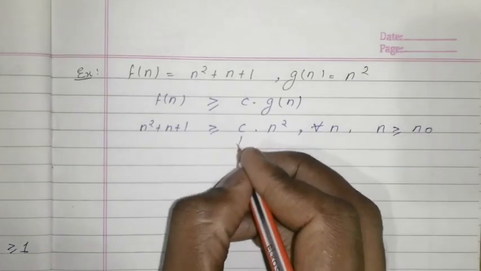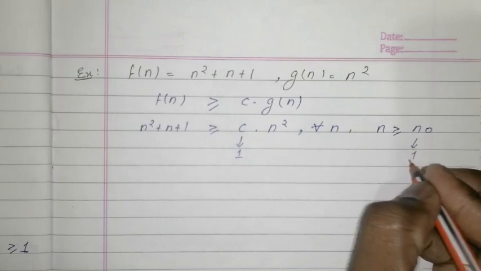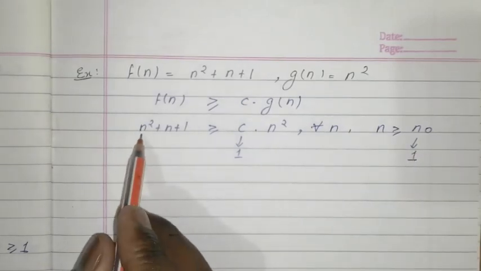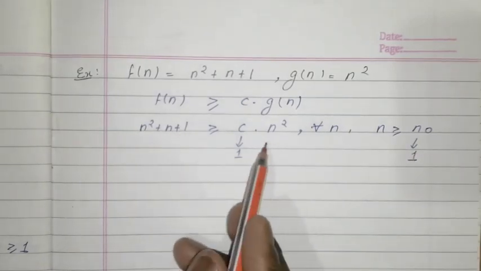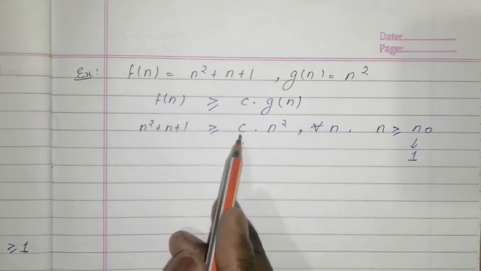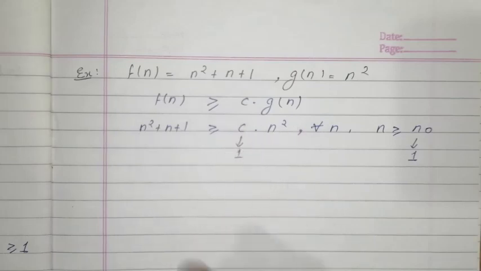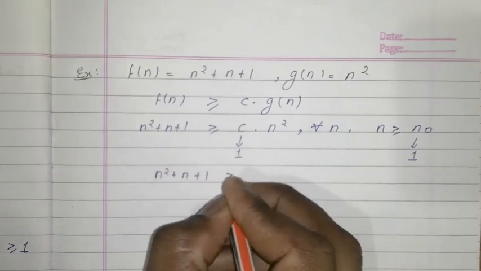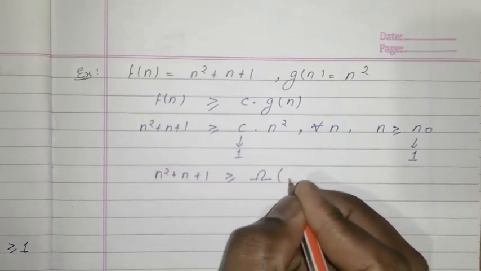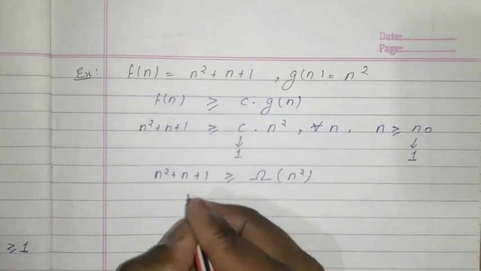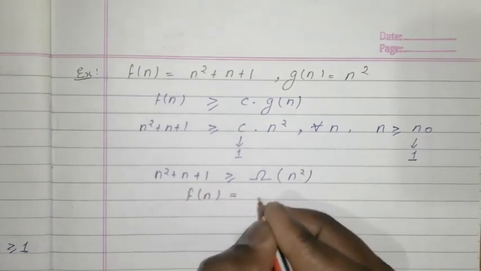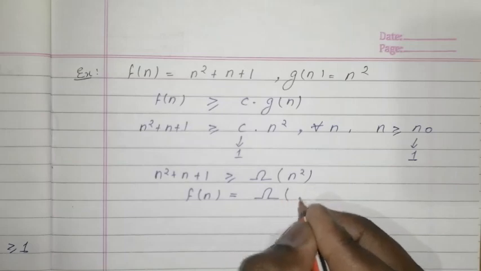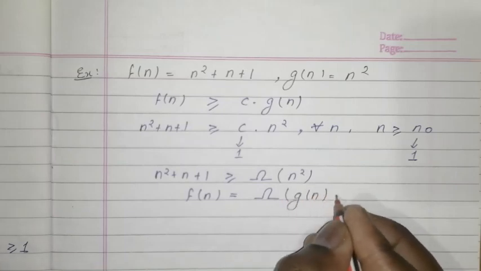If we put the value of c as 1 and n naught as 1, then n square plus n plus 1 is definitely greater than n square. So we can say n square plus n plus 1 is omega of n square. Therefore f of n is equal to omega of g of n.